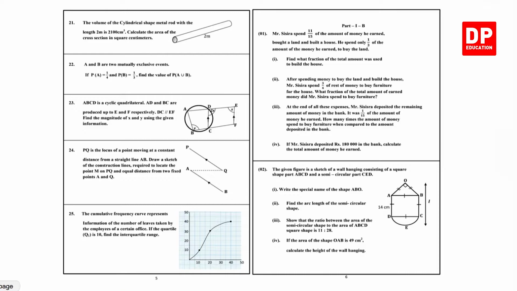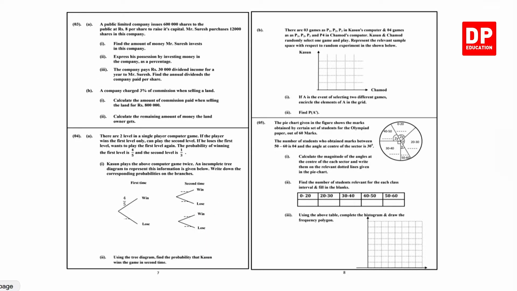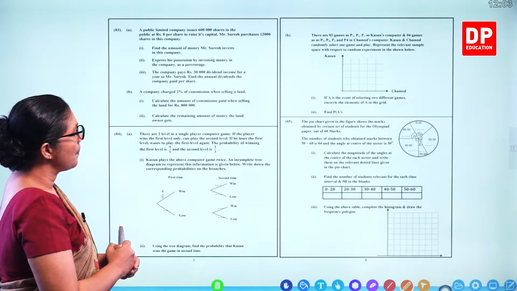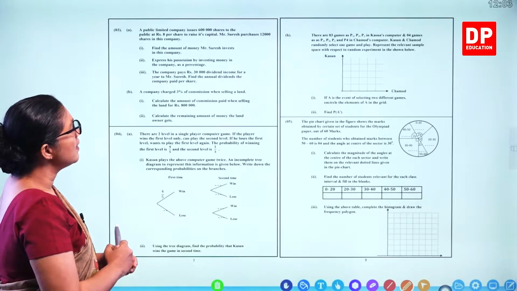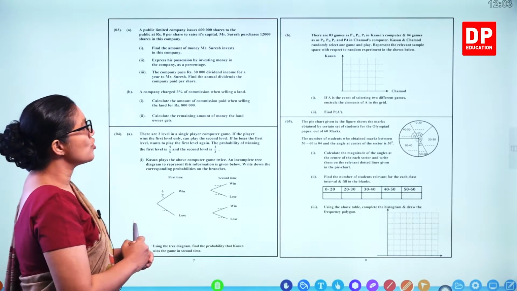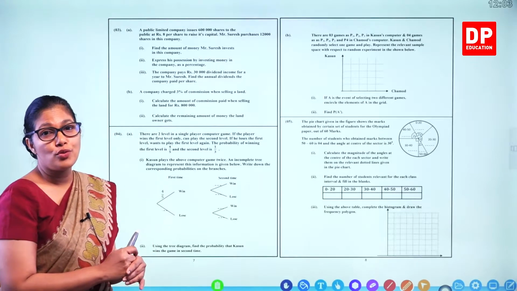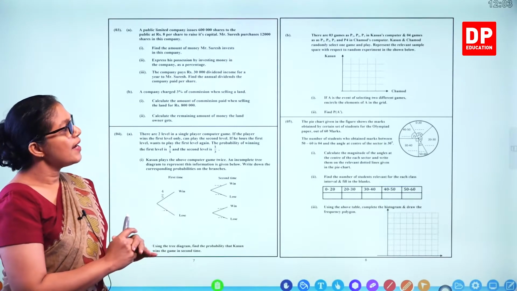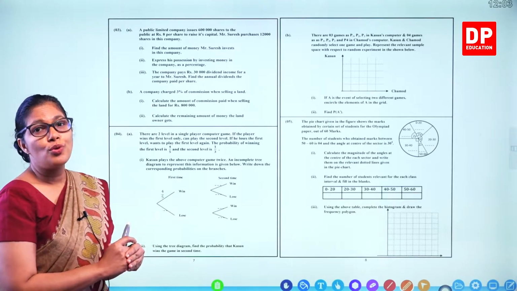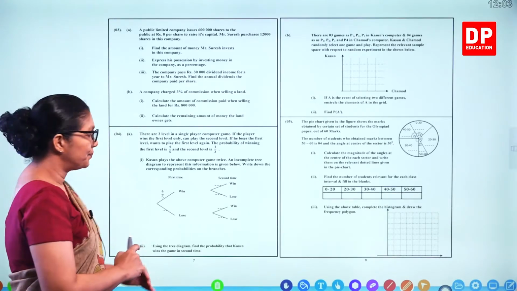Then Part B: the first 2 you get on the first page, then question numbers 3 and 4, and then question number 5, that's the last question. So make sure that you spend 2 hours, and let's do Paper 1.